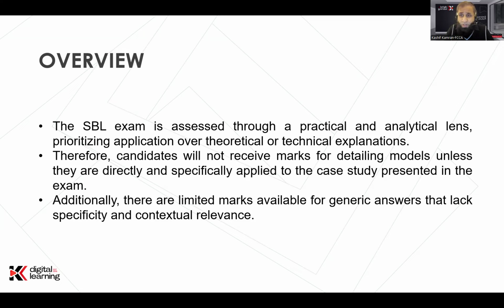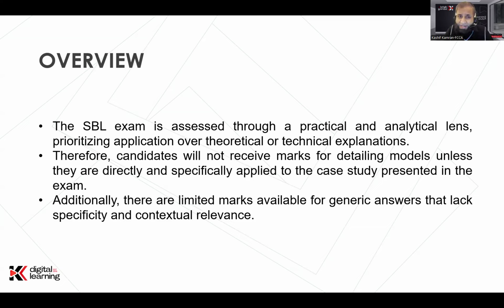You need to analyze, you need to evaluate, you need to take judgments, you need to share your perspective in the paper. And you need to prioritize application. You need to prioritize the information in the case over theoretical explanation. That's the focus of this paper. You need to understand this.